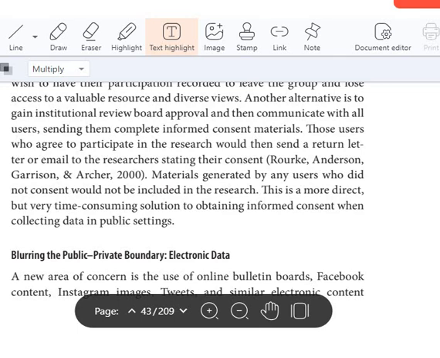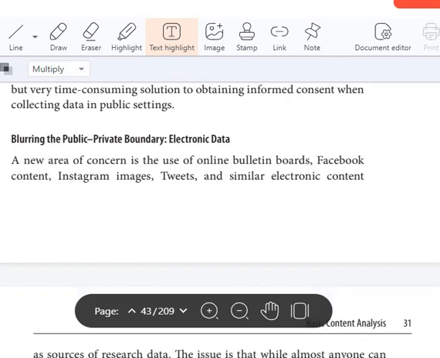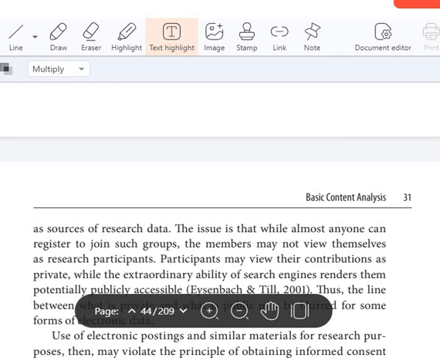Okay, let's move on to the next part, which is blurring the public-private boundary: electronic data. It is important to know that with electronic data, like participants who post their comments on Facebook or Twitter, researchers must also achieve their consent. The new area of concern is the use of online bulletin boards, Facebook content, Instagram images, tweets, and similar electronic content as sources of research data.